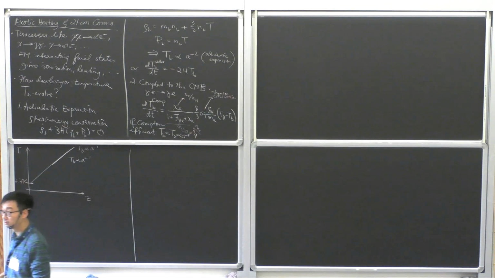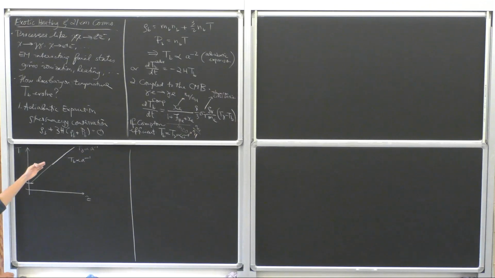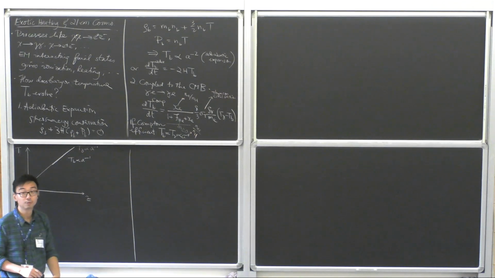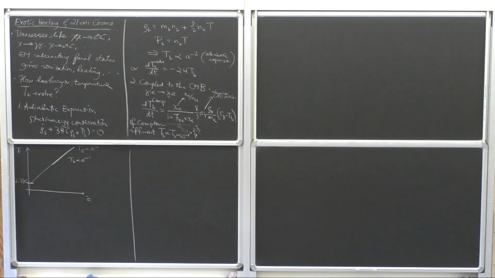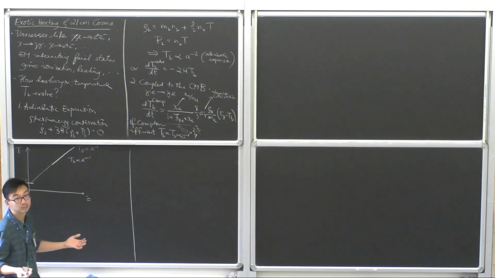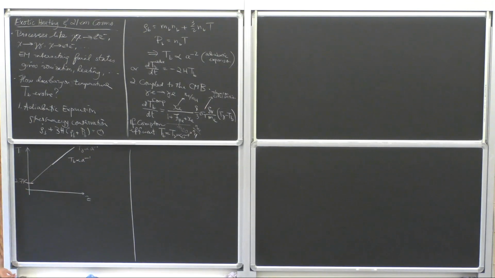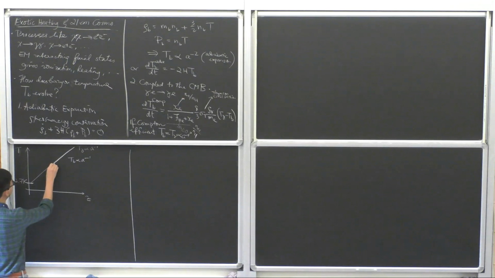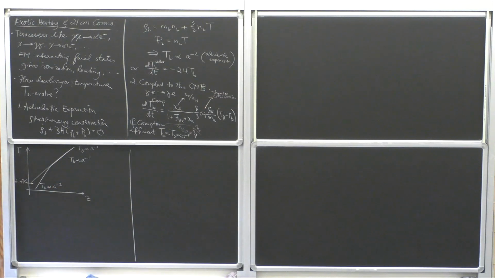Before recombination, X of E is 1, everything's fully ionized. After recombination, X of E drops to this residual value of 10 to the minus 4. And so that also takes a hit. And so at some point, Compton scattering becomes inefficient, and you transition to TB going as A to the minus 2. Okay? Until stars start to form.